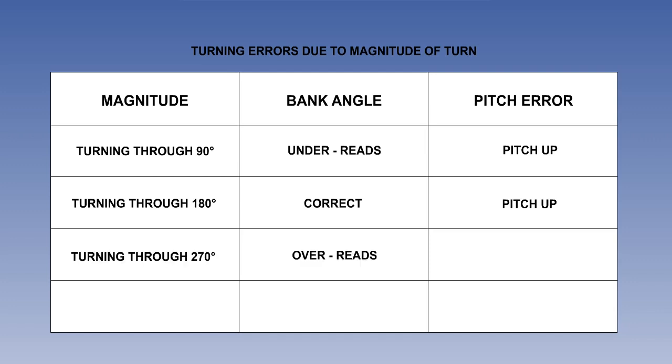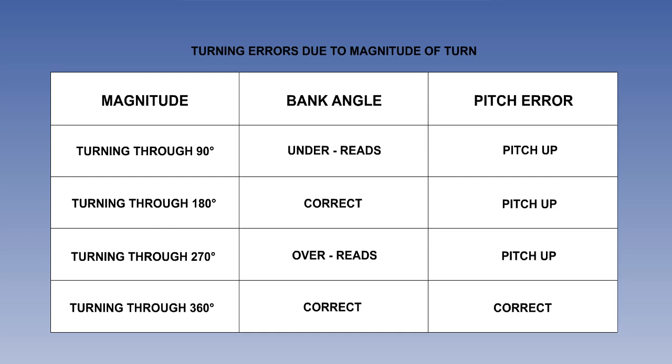Continuing the turn through 270 degrees, the instrument will now overread the bank angle, while the pitch error still causes a false nose-up indication. Turning through 360 degrees, the bank angle will read correctly, and the pitch angle will be correct.